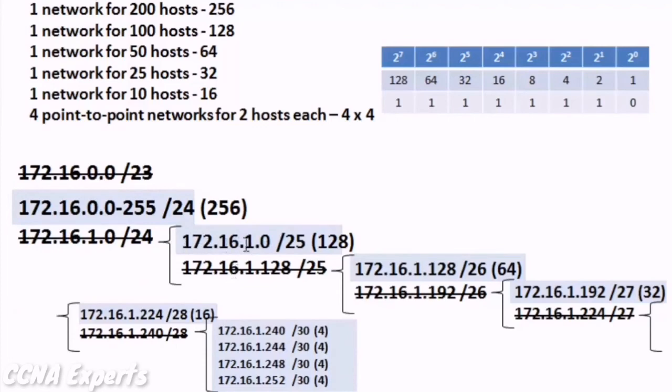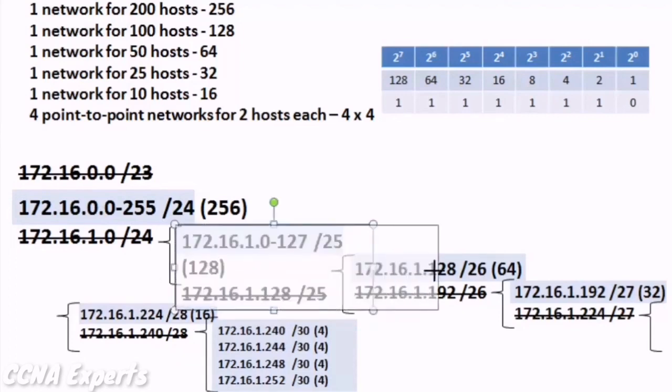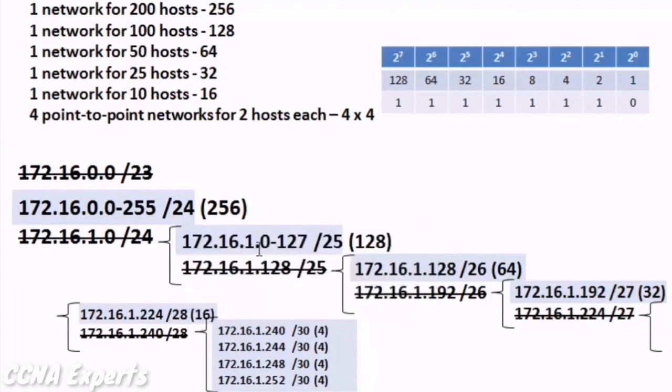Similarly, this second subnet goes from 0 to 127, and we can see that from host 0 to 127, the next subnet at 172.16.1.128/26, there's no overlap. This subnet ends at 127, the next subnet begins at 128, and so on and so forth.